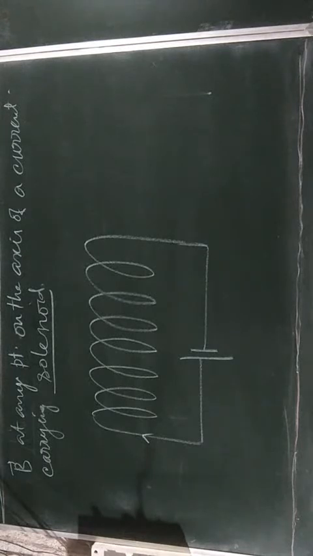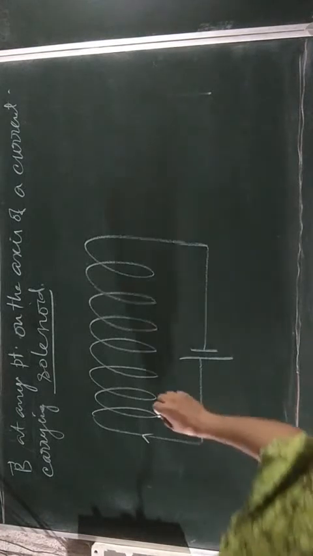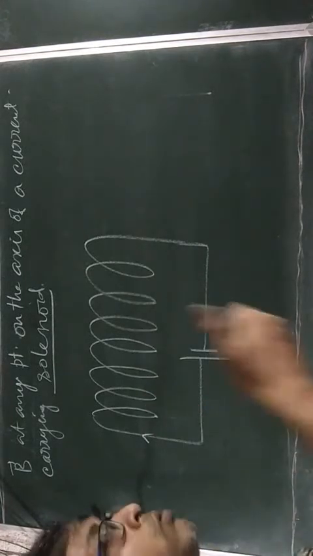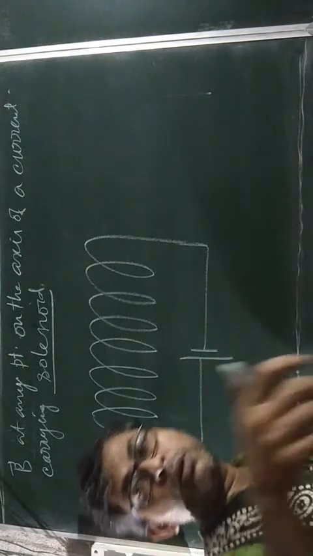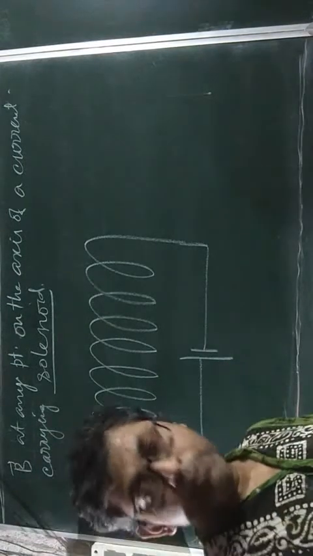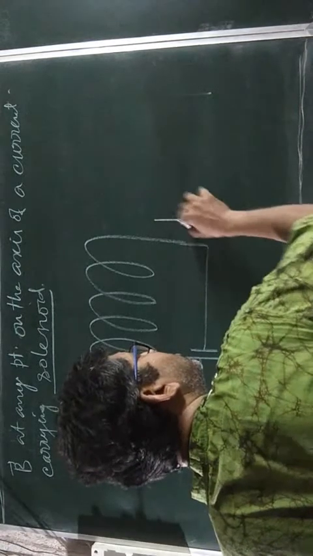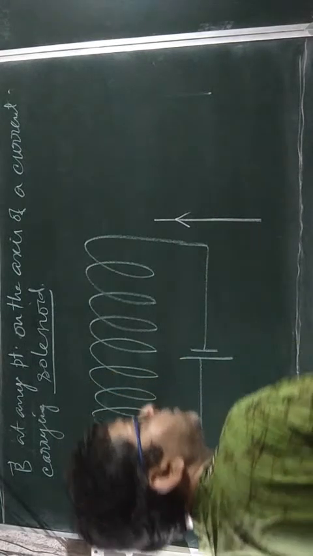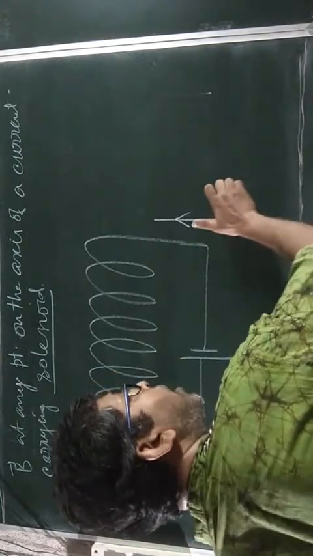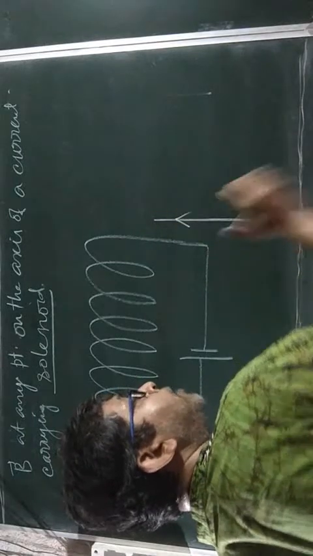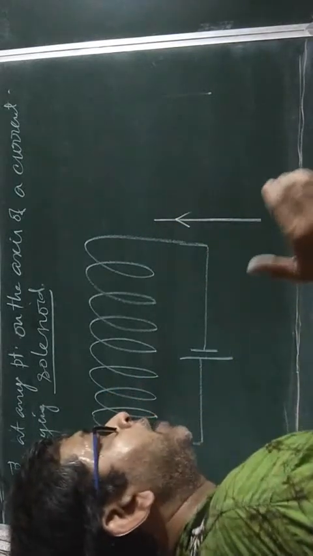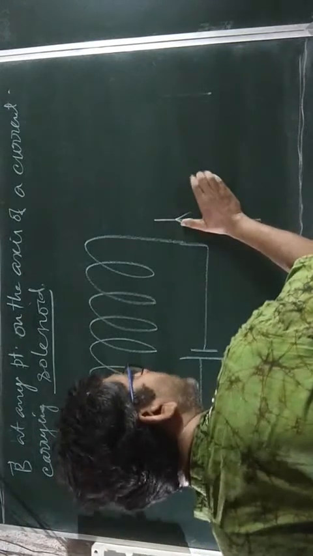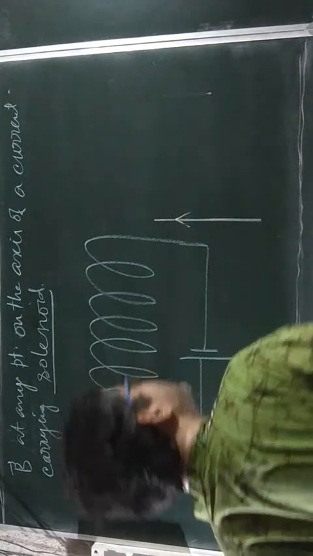Now if we apply the right hand palm rule, this one. Do you remember the right hand palm rule? It says that if you consider a current carrying conductor and grab the conductor in such a manner that the thumb shows the direction of current, then the other four fingers, kept together, will show the direction of the magnetic field produced.